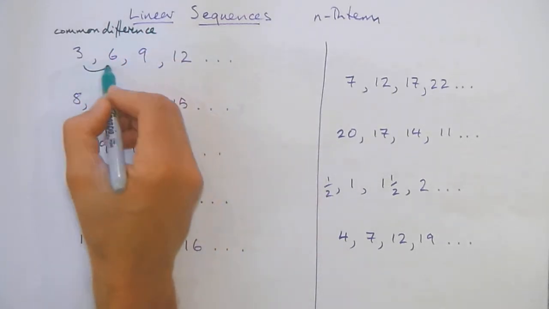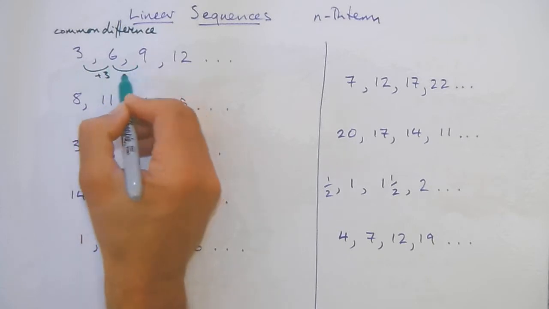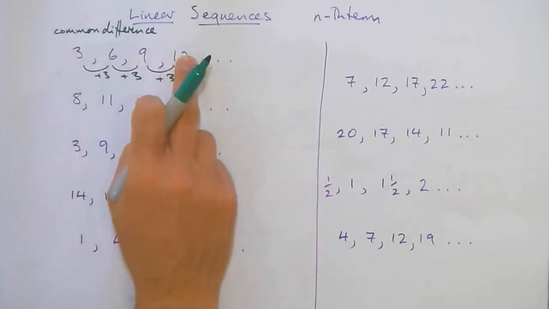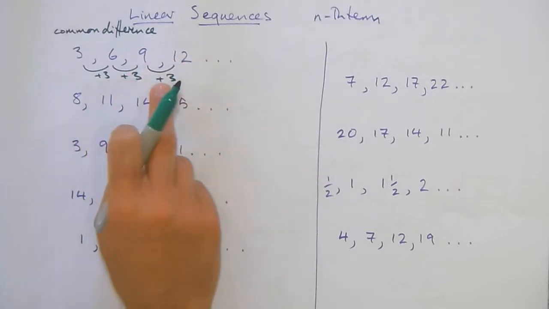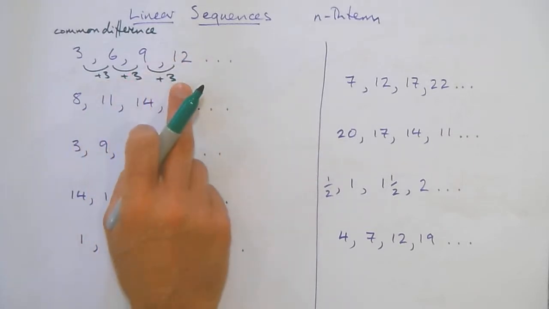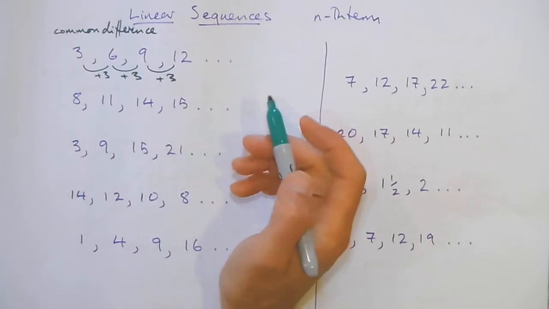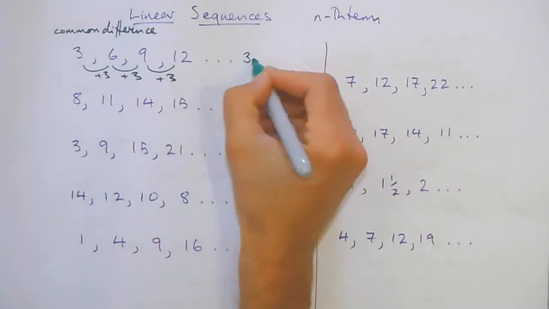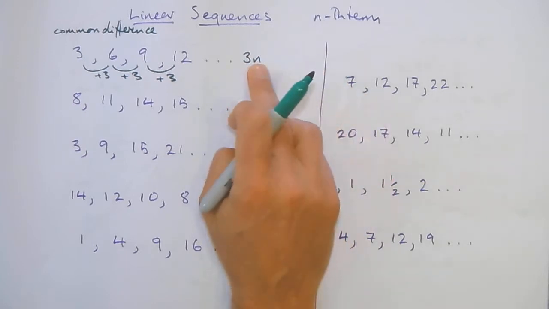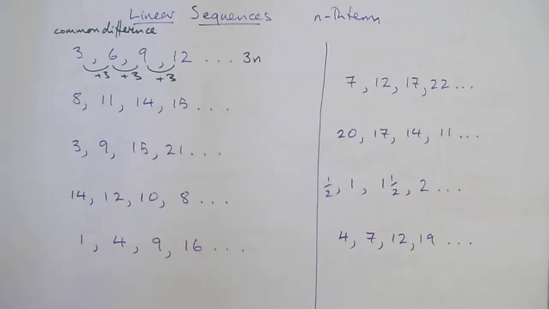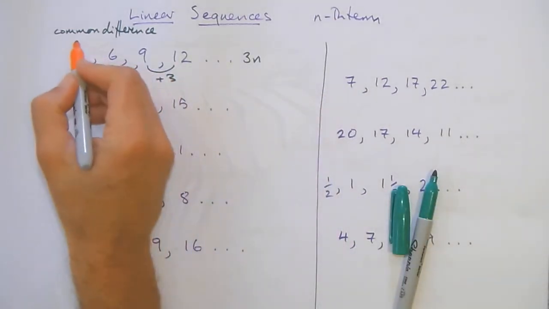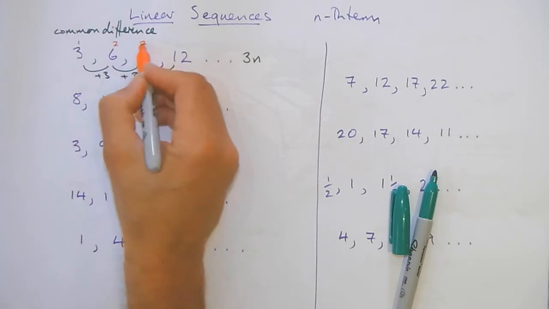First thing to look at is what's the interval, what's the difference between the terms in the sequence. If that stays the same, it's going to be one of these linear sequences, which means that this number is the one that goes in front of the n. Now, what is the n? The n is the number of the term, the first term, the second term, the third term.